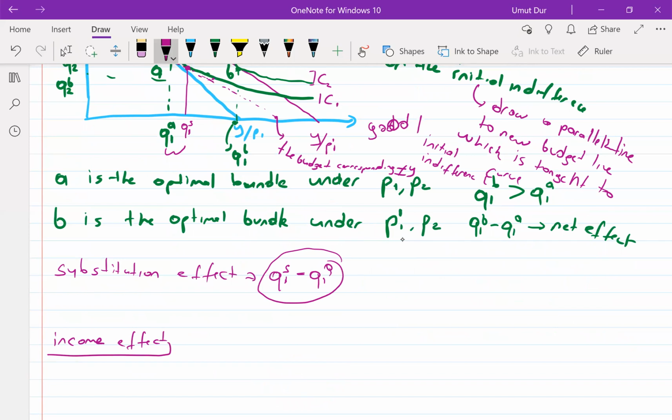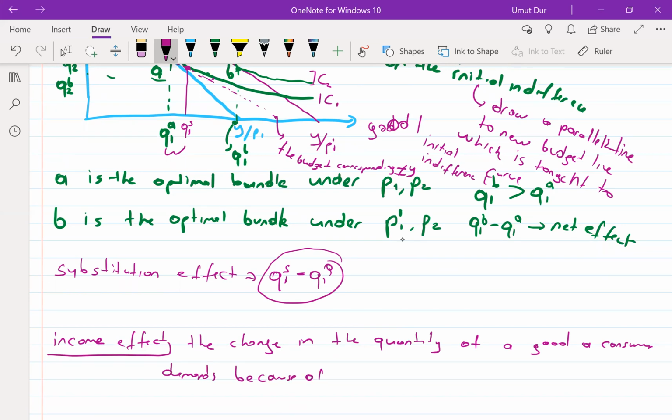So the income effect is the change in the quantity of a good a consumer demands because of a change in income, holding prices constant.